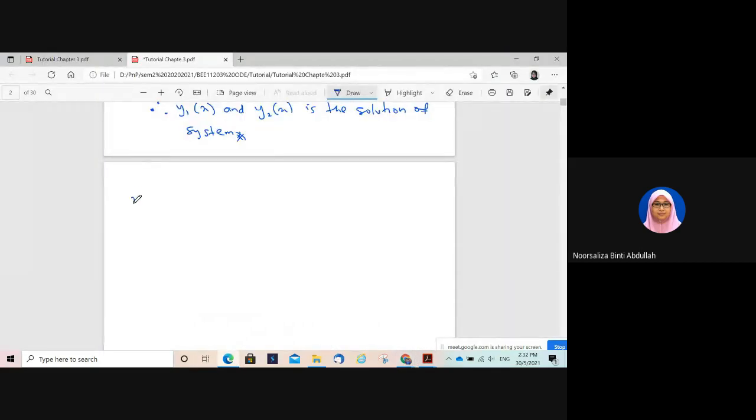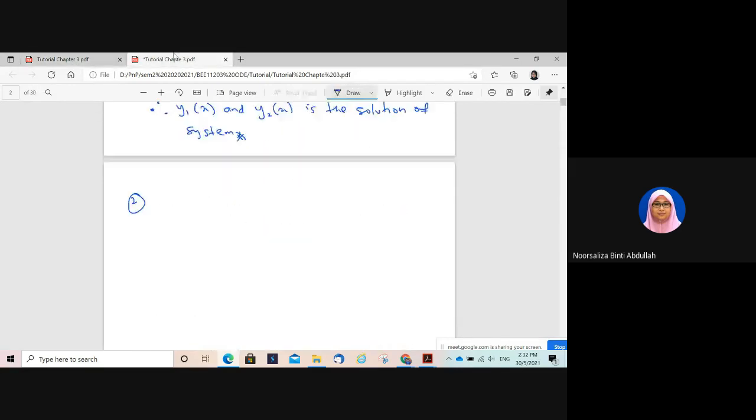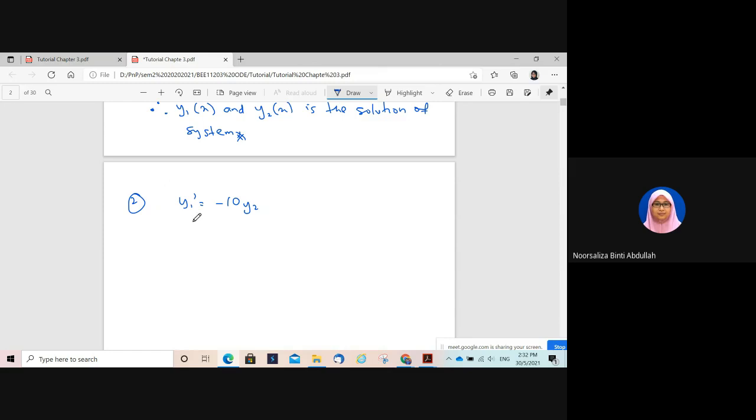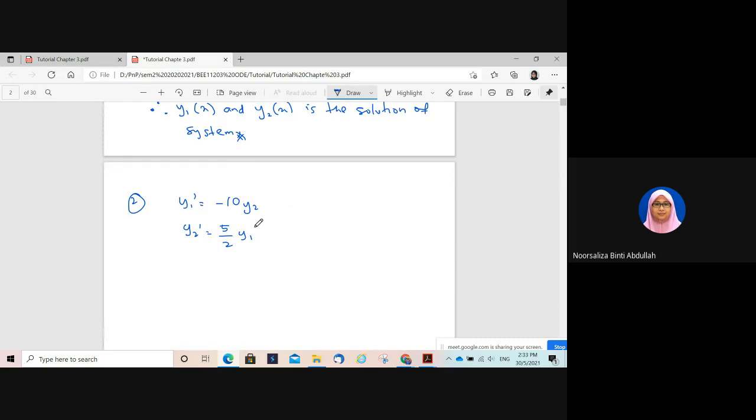Okay, so number 2. You have y1 prime equals to minus 10 y2, and then y2 prime 5 over 2. If you want to solve this one, is it homogeneous or non-homogeneous?